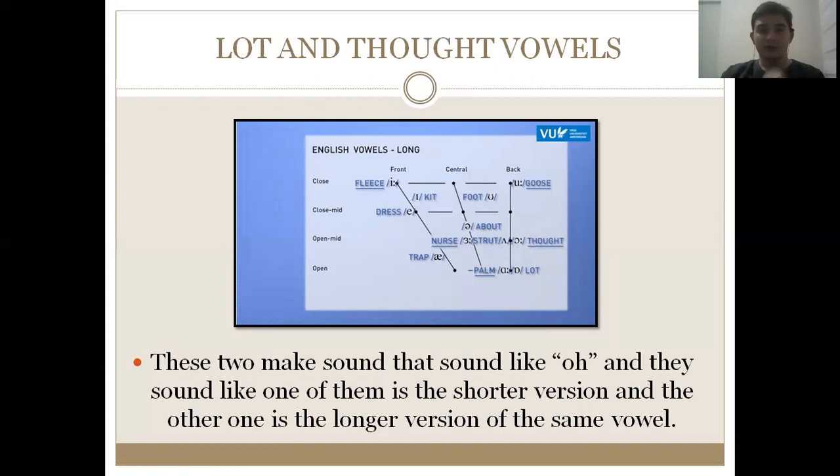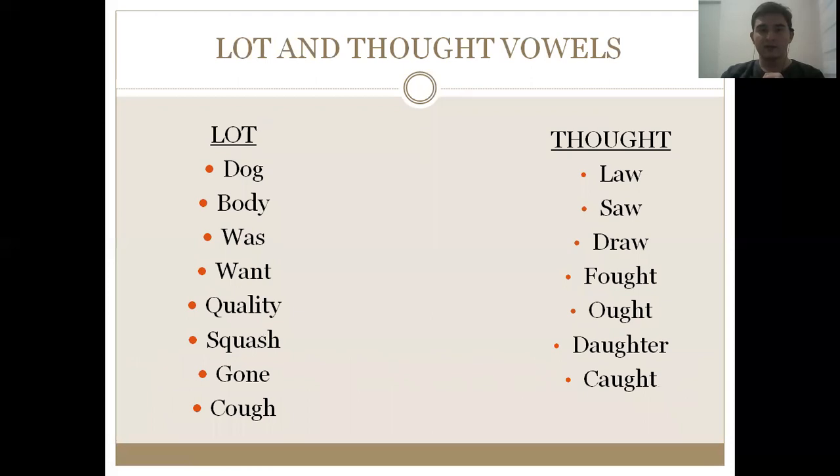If we look at examples for the lot vowel, we can say dog, body, was, want, quality, squash, gone, cough. As you can see, there is a quite distinct O sound there.